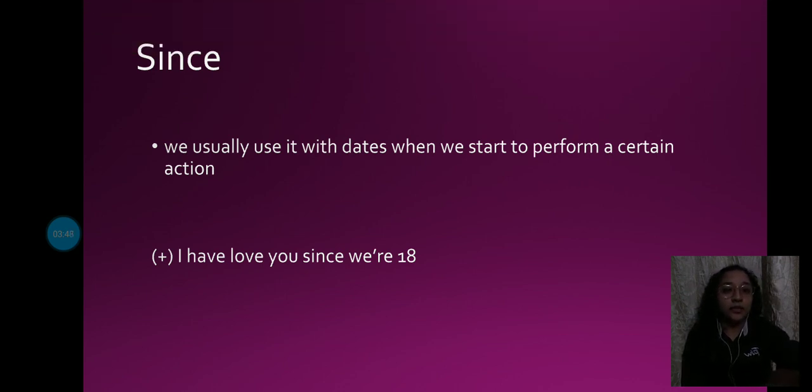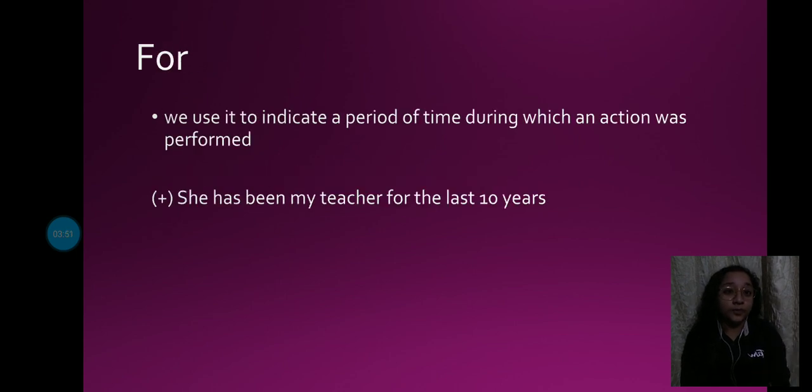And now we have for. It's kind of similar to since, but we use it to indicate a period of time during which an action was performed. In this example we have, she has been my teacher for the last 10 years. That means that it's a period of time, 10 years.